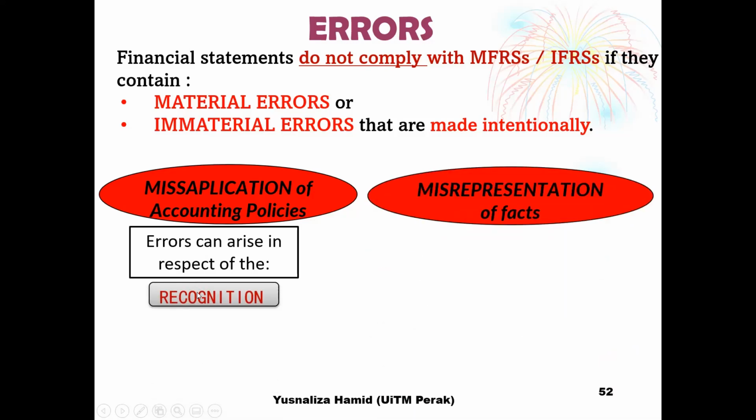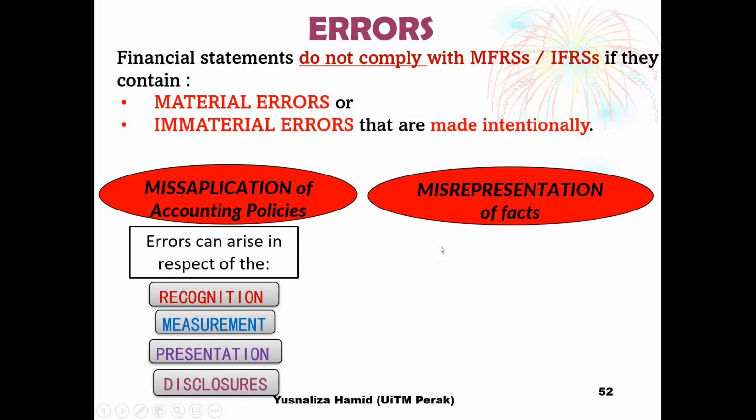the recognition. So there are some recognition rules that you do not abide by. Measurement, there are measurement bases that you may not have accounted for correctly. Presentation, a wrong or improper presentation, and disclosure.